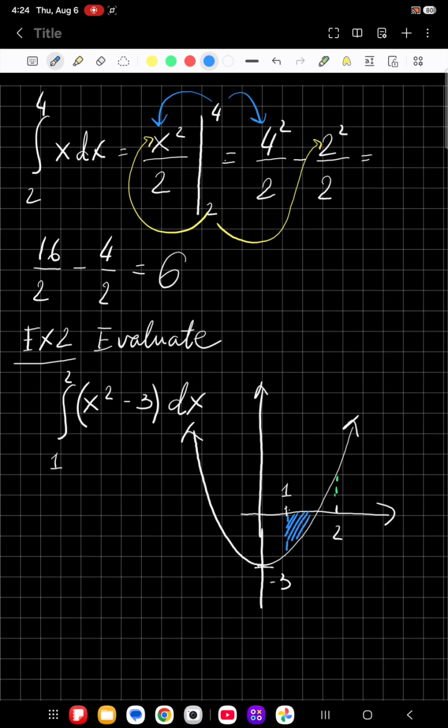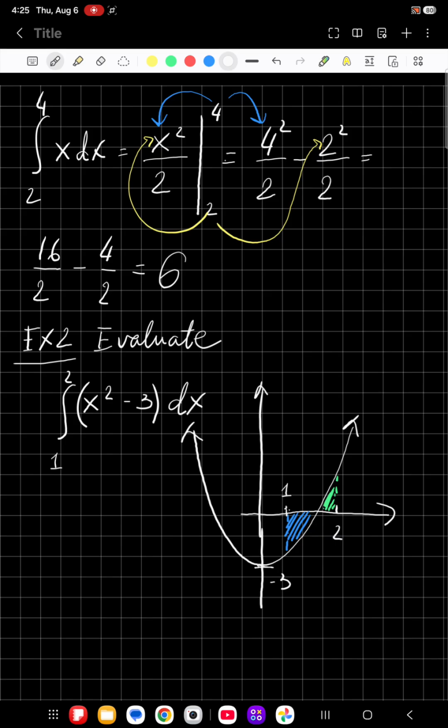So I know we're going to get a negative number, because the area under the curve is bigger than the area above the curve. So I'll be subtracting, so this number will be negative, and this number will be positive. So the negative number is greater in a sense than this one. Anyway, let's do that calculation.